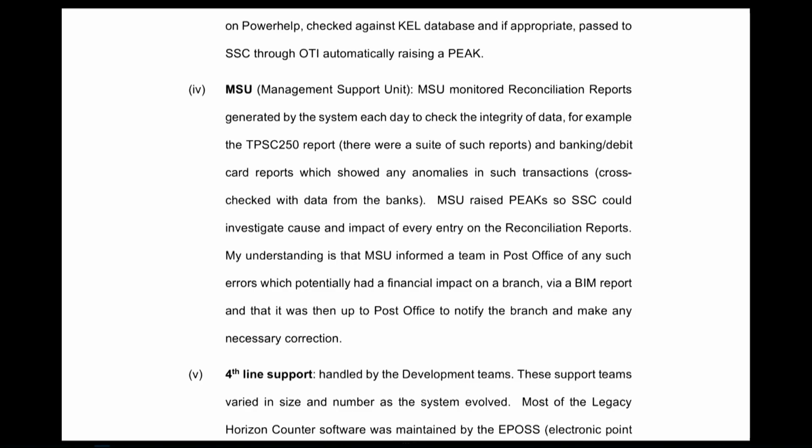Yes. How was it possible to determine whether a problem had a financial impact or not? By us investigating what had happened and whether it did actually affect the branch figures in any way. So you could tell for certain one way or another whether a problem had a financial impact on a sub-postmaster or not?